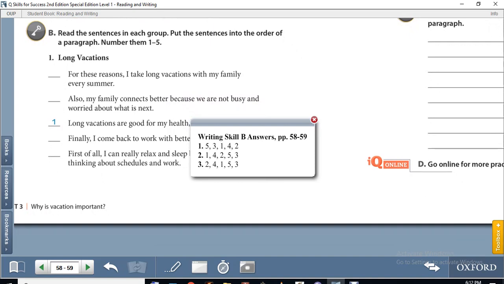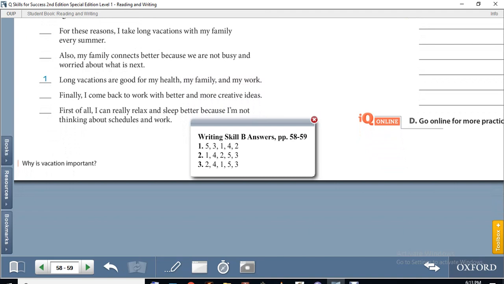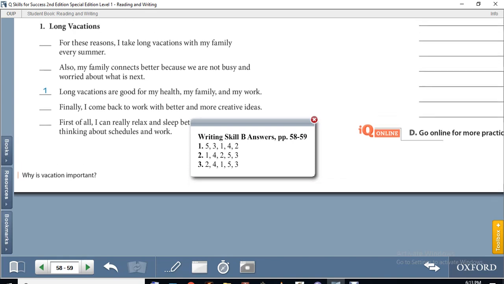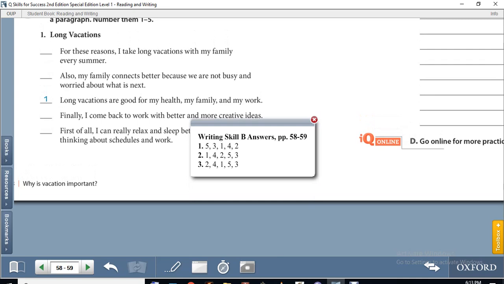So here, number 2: "First of all, I can really relax and sleep better because I'm not thinking about schedules and work." Here, sentence 3: "Also, my family connects better because we are not busy and worried about what is next."